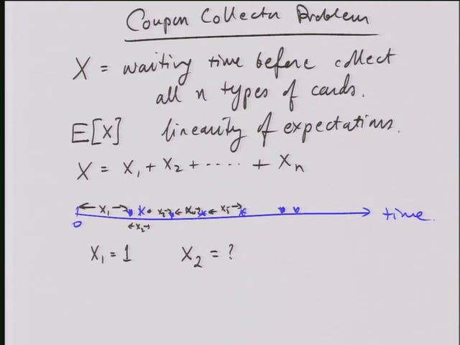So it's the same thing as though you were flipping a coin, where the chance of getting heads is n minus 1 out of n, and the chance of getting tails is 1 out of n. If you got the previous card, call it tails. If anything else, you call it heads. So the probability of heads is n minus 1 over n. Now we want to know the expected value of x2.